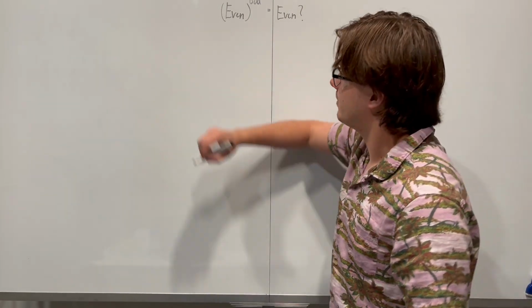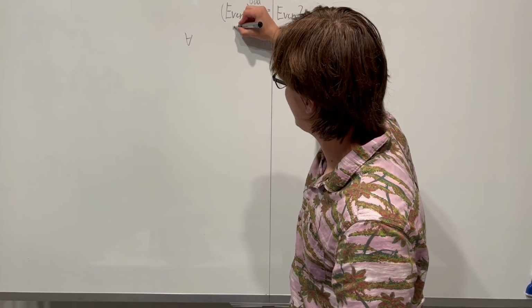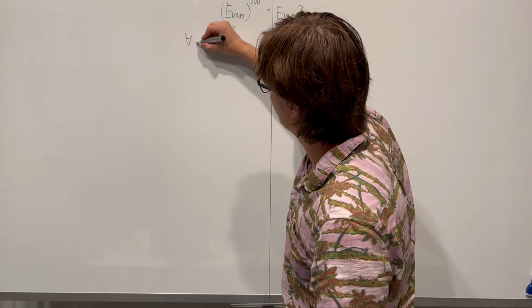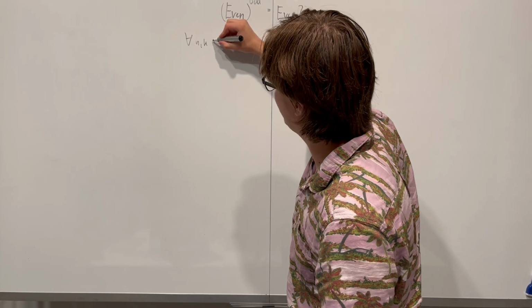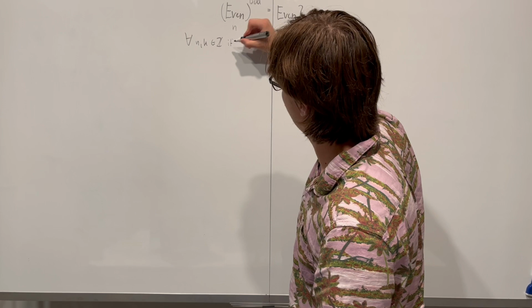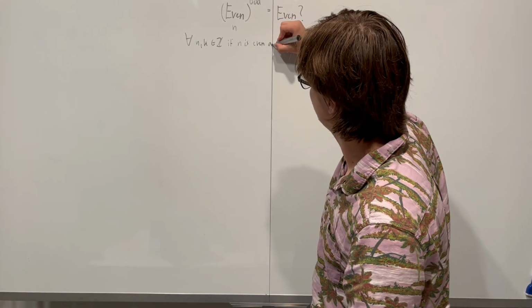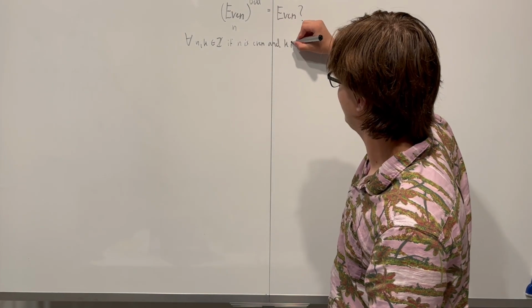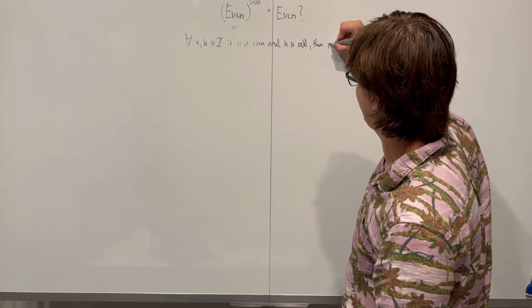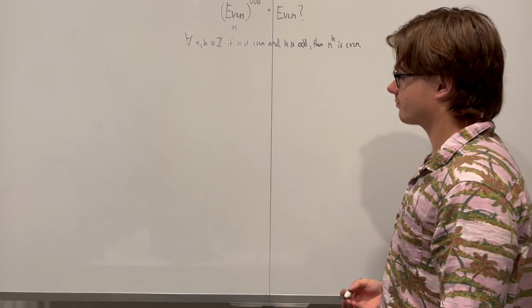So let's try proving this true. This is a for all statement. We're saying for all, we'll call even numbers n and odd numbers k, right? For all n, k that are integers, if n is even and k is odd, then n to the power of k is even.